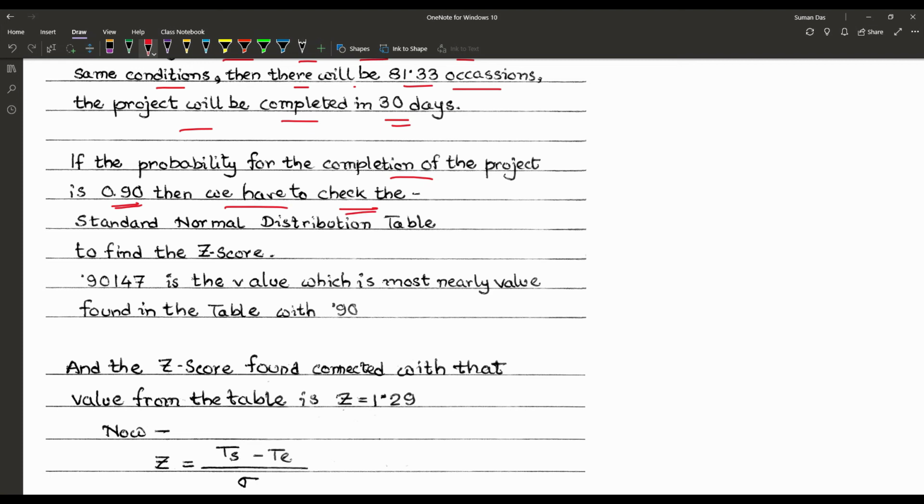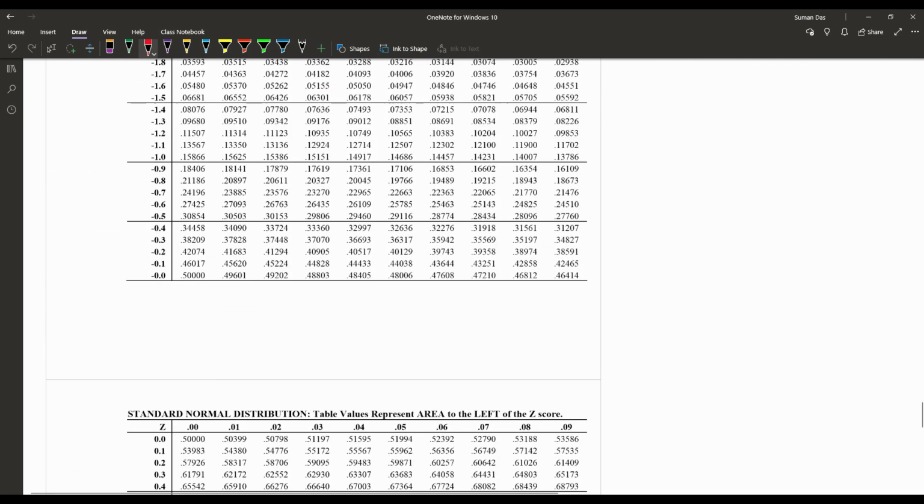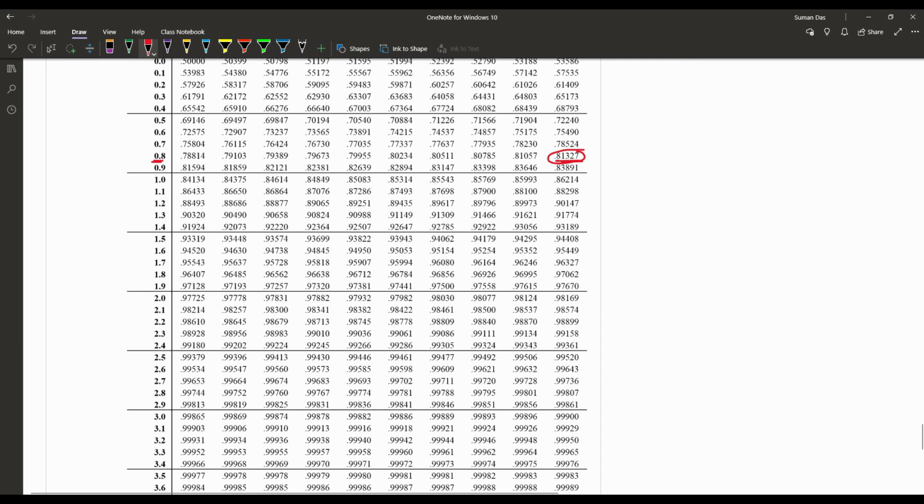That means 0.90, in which the z-score is. Let's check once again the normal distribution table, where that probability 0.90 occurs. We can see that 0.90 is particularly found here: 0.90147 and 0.90320.